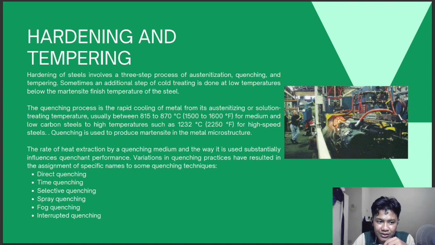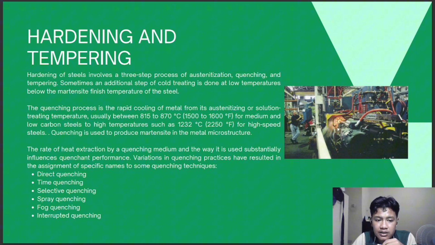austenitizing or solution treating temperature, usually between 815 to 870 degrees Celsius for medium and low carbon steel to high temperatures such as 1232 degrees Celsius for high speed steels. Quenching is used to produce martensite in the metal microstructure.